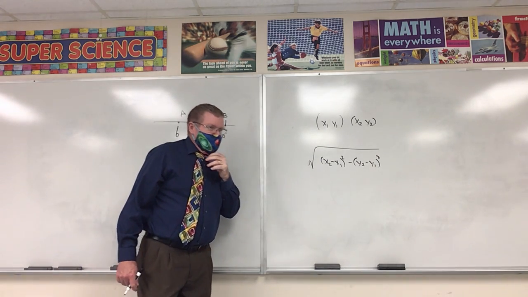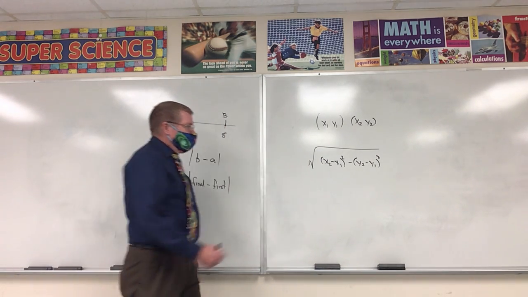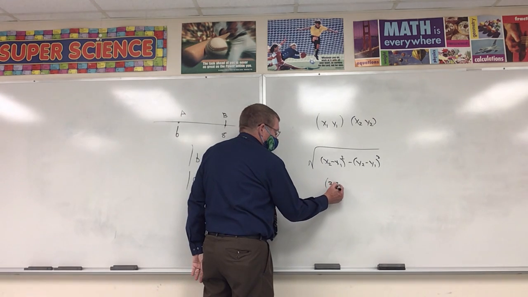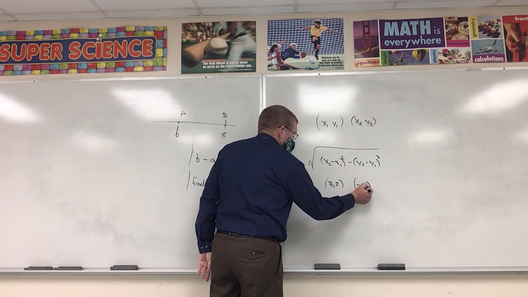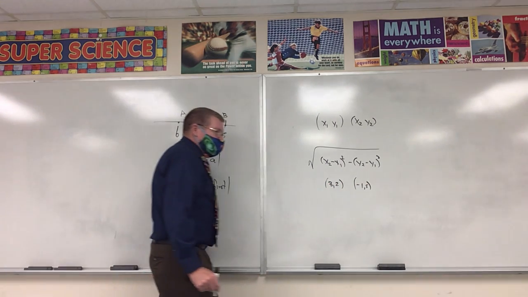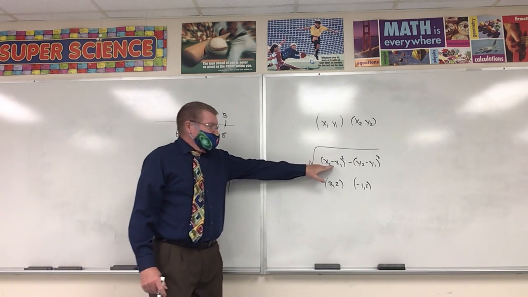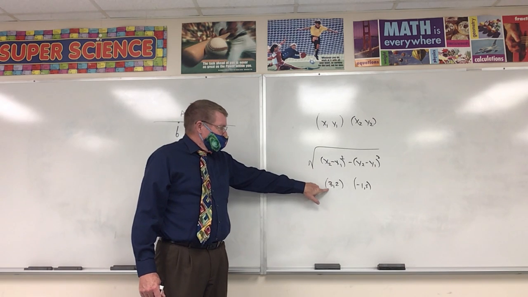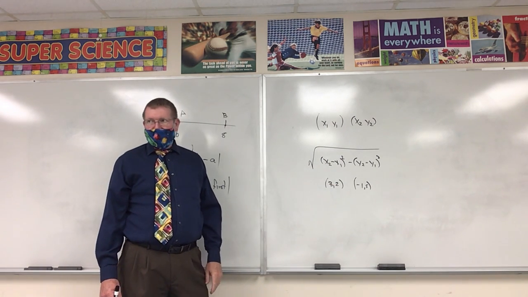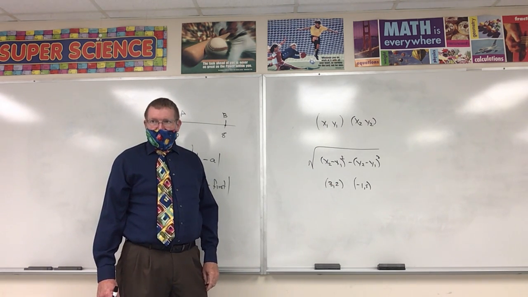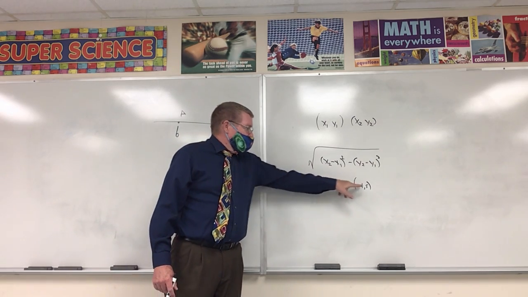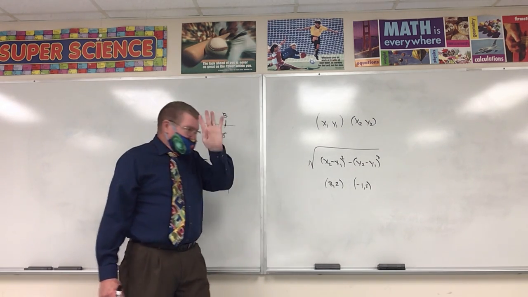And Monday I can show you that, but I just want you to know that if I have these points, 3, 2, and negative 1, 5, then you do some of this in your head. This is the difference in your x's. What's the difference between 3 and negative 1? 4.